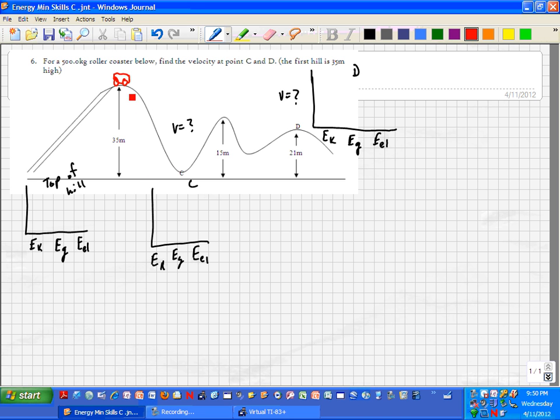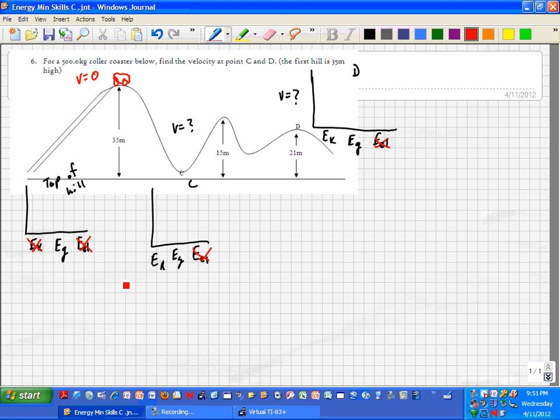Initially at the top of the first hill, we said we would assume that velocity is 0 just as we go over the top of the hill. It goes very slow. We're going to assume it comes to a stop. So we've got no kinetic energy. There's no springs, no bungee cords, etc. So there's no elastic energy. In fact, I'm going to wipe it out from all of these because it's not going to be in there.